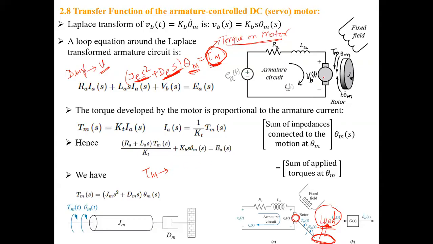So what does this motor do? It does two things. One, it moves this guy, armature. This is armature or rotor, right? So this TM moves rotor, and also this TM moves the load. So that's why you have to take both into account. You have to take the load and rotor into account. That's your TM.